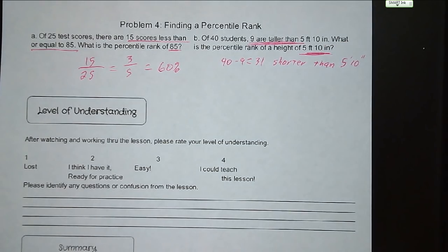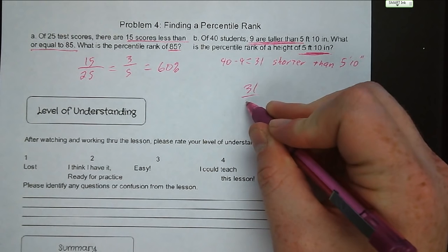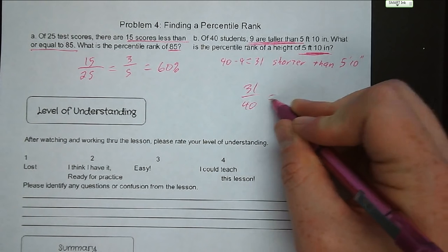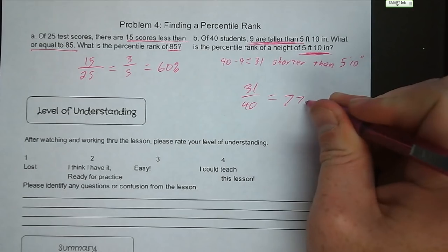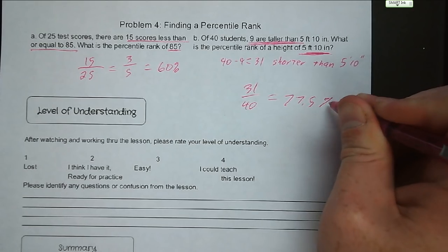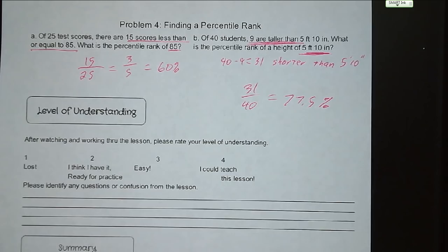So now it's 31 out of 40 that we're looking at, which is going to give us 77.5%. So it's the 77.5 percentile. Okay, 77.5 percent of people are less than or equal to 5'10".